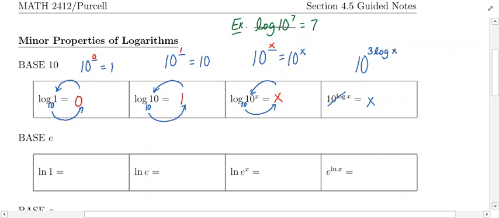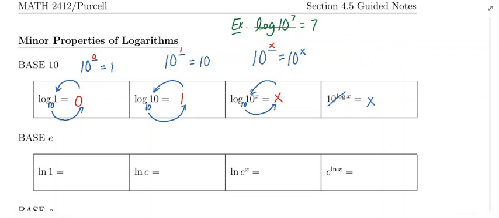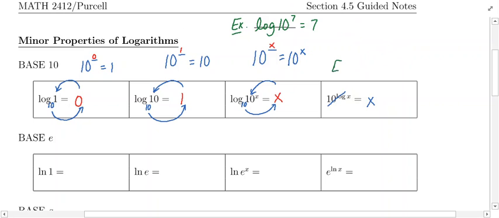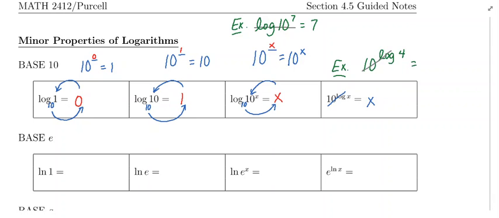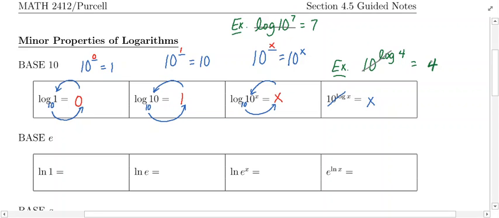The 10 and the log have to be side by side. As an example here, if I had 10 raised to the log of 4 power, the 10 and the log would cancel out. The 4 would come down to be the answer.